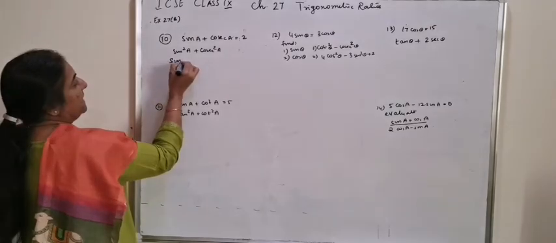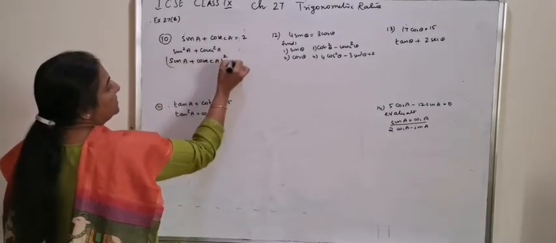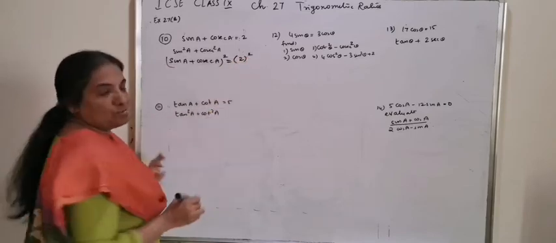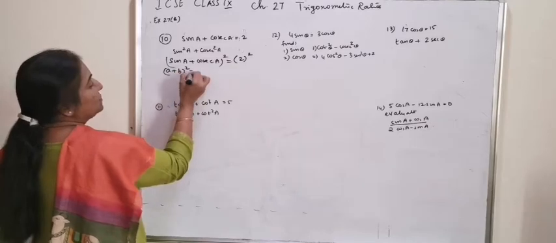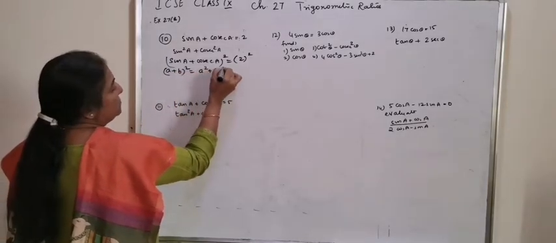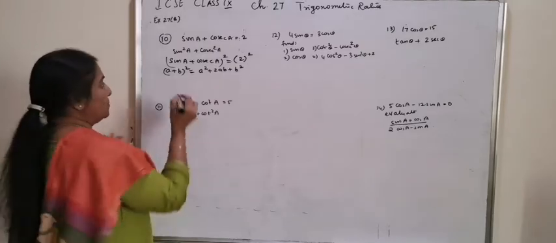Now sin A plus cosec A the whole square is equal to the right side also the whole square. Now what is the identity? A plus B the whole square is A square plus 2AB plus B square. We are expanding with A plus B the whole square.